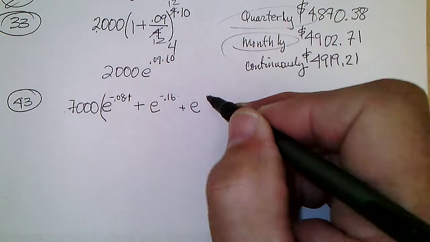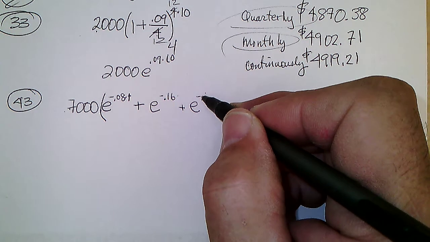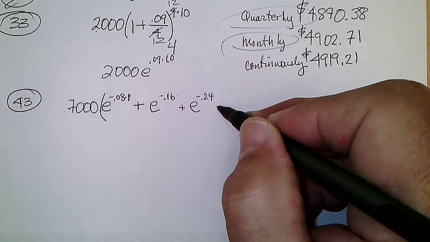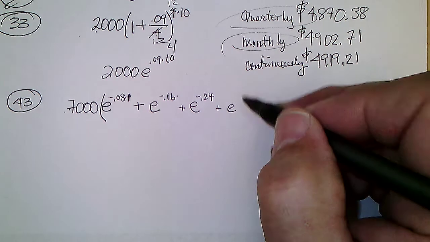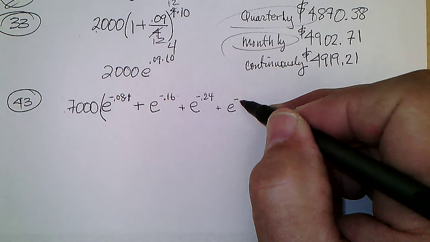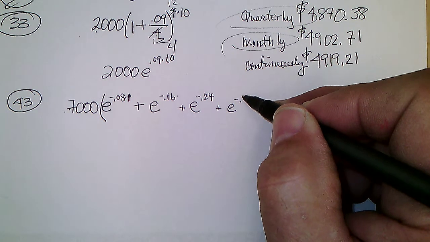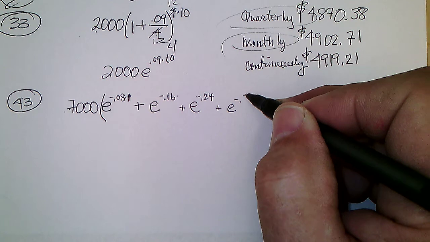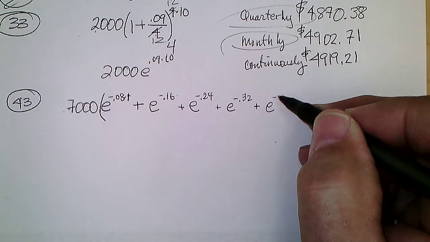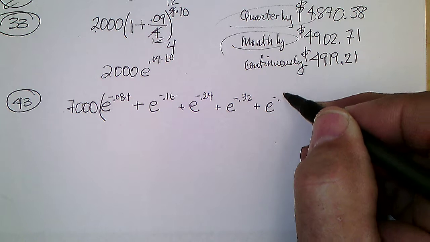So that would be e to the minus 0.08 times 3 years is 0.24, plus the next 7,000 would be e to the minus 0.32, 4 times 0.08, plus e to the minus 0.4, 5 times 0.08.